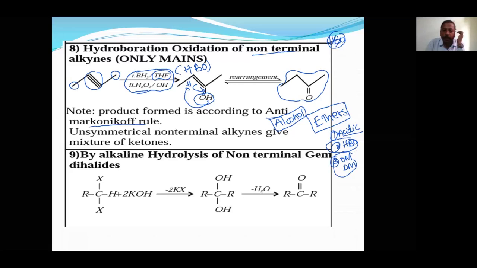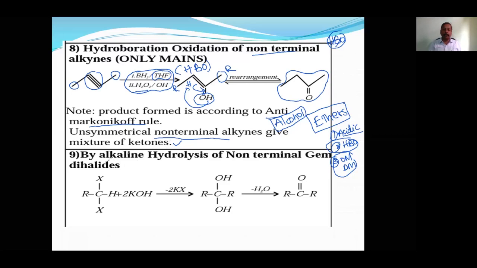If not studied, you can go through the previous lecture or your notes. Then, an unsymmetrical non-terminal alkyne gives a mixture of ketones. Suppose the alkyl group is different, then this can go this side also, this side also. That's why they will give a mixture of ketones.